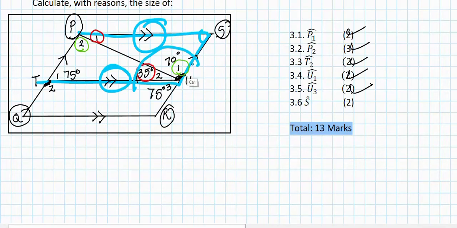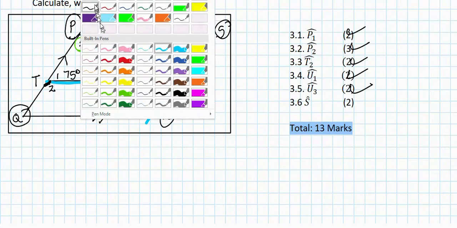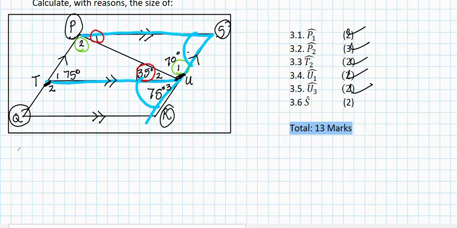But of course, because we are mathematicians, we'll choose the easier way out. And what is the easier way out? Is to choose something that has fewer steps. Like an F formation maybe, whereby we have an angle on this armpit and we are trying to equate it to that angle there. So there we are going to say, for 3.6, looking for angle S, angle S is equals to angle U3.